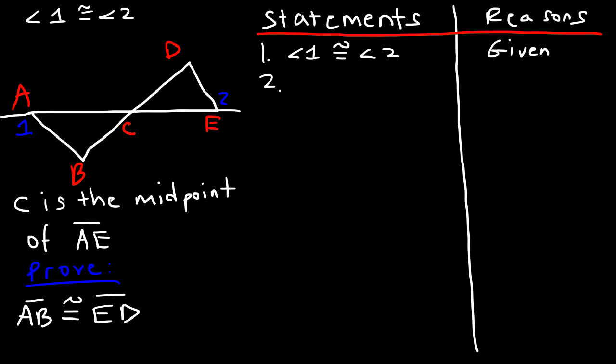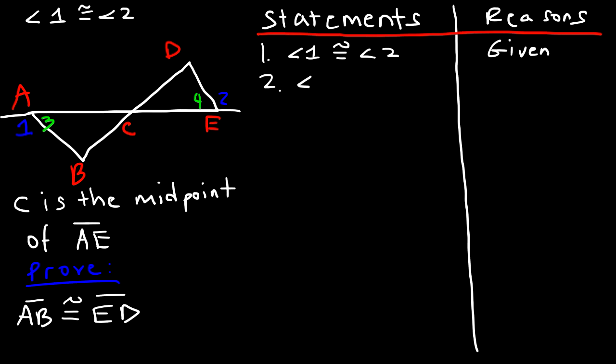But angle 1 and 2 are outside of those two triangles. And we need angles that are inside the two triangles. So let's call this angle 3 and angle 4. Now, if angle 1 is 100 degrees, that means angle 2 is 100. Now, 1 and 3 form a linear pair. They're supplementary. That means 3 has to be 80 and 4 has to be 80. So therefore, angle 3 and angle 4 are congruent to each other.